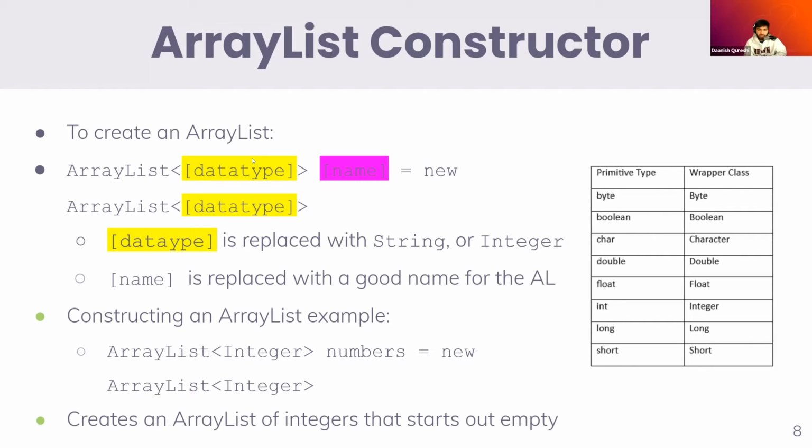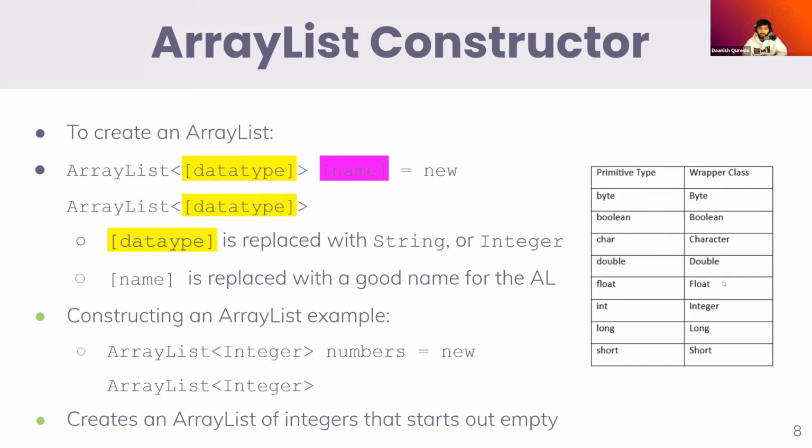Now, do you remember before when we were comparing arrays to array lists and we said arrays can store primitive data types and some classes while array lists only store objects. Now this is going to be important. It's a little bit tricky, but this data type here in yellow is replaced with a string or an integer or another wrapper class.